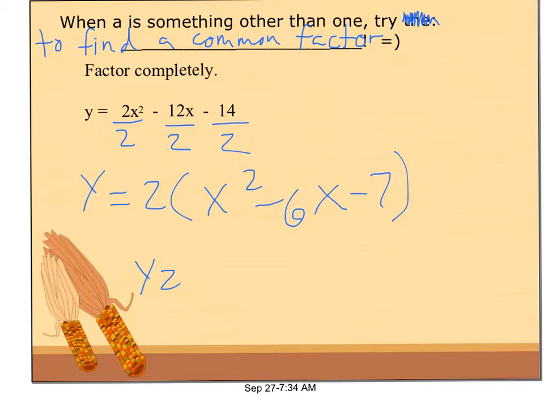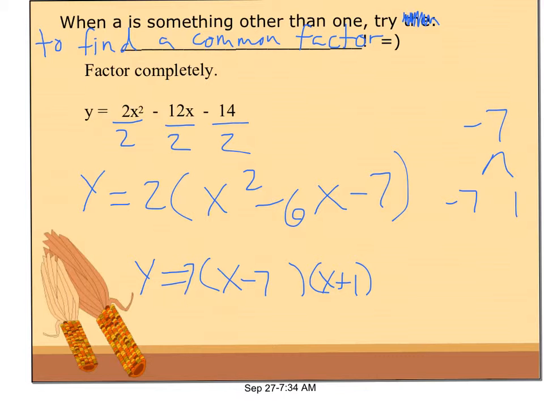This is now another case where a is 1, so it would be just like the previous examples that I've done. Looking for factors of negative 7 that add up to negative 6. That would be negative 7 and 1.